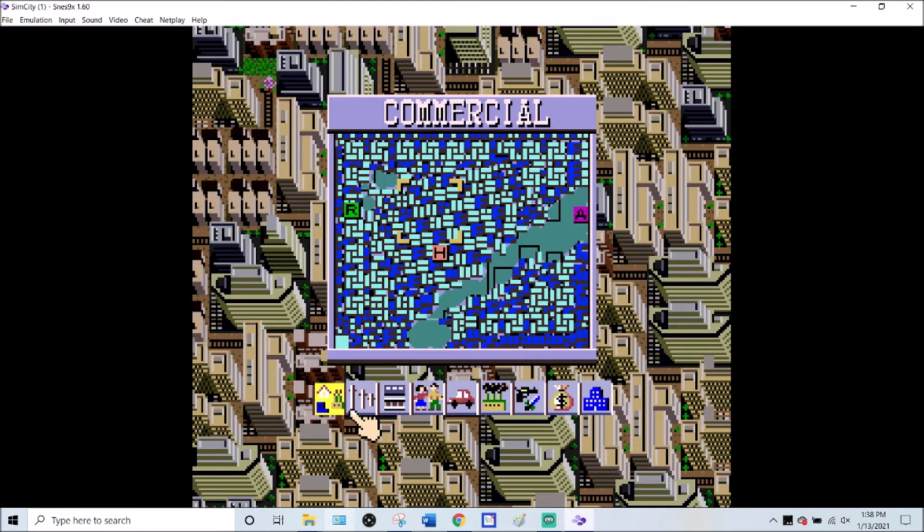Having this many commercial zones is extremely difficult. And in fact, from the beginning of the build all the way to the very end, I am fighting every second, every step of the building process to keep commercial demand high. And how do you keep commercial demand high? You have to compensate it by building more residential zones.